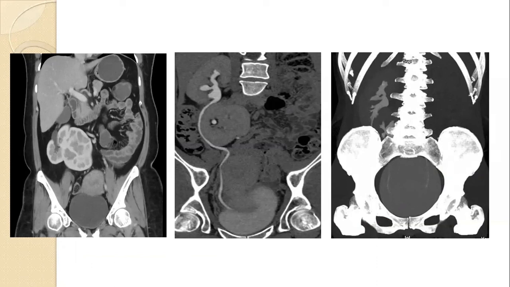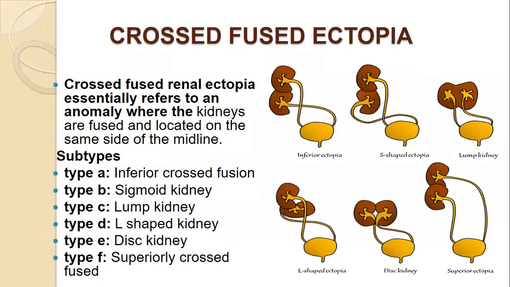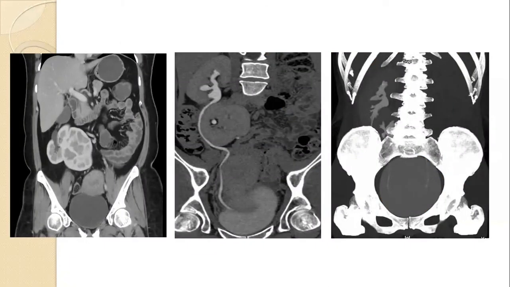And this one? L-shape? Again, see this. Sigmoid. Sigmoid. And this is the MIP pictures, the same.